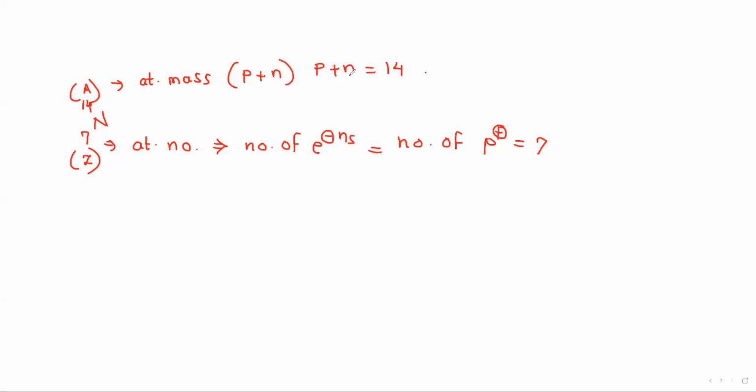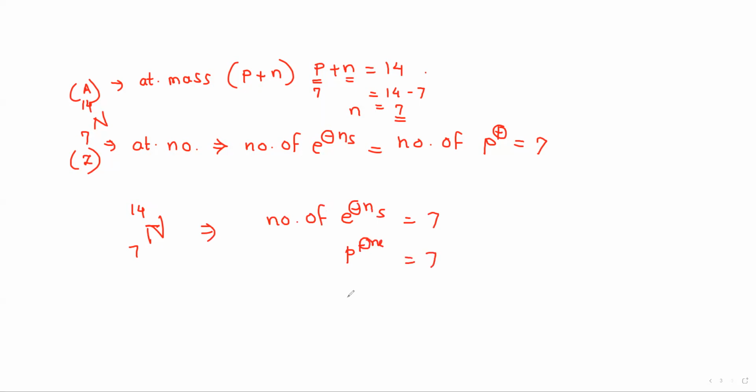Now, in this summation, if the number of protons is 7, then how do we calculate the number of neutrons? 14 minus 7, and the number of neutrons will again be 7. So in this species, nitrogen, the number of electrons is 7, protons 7, and neutrons also 7.